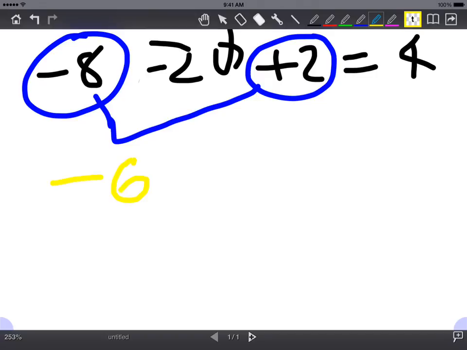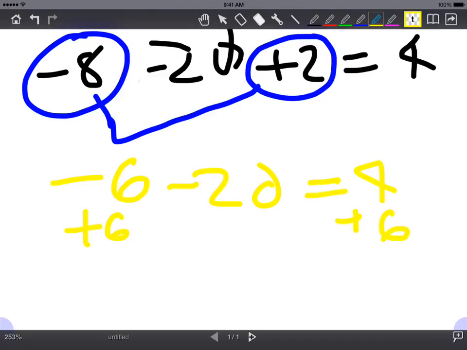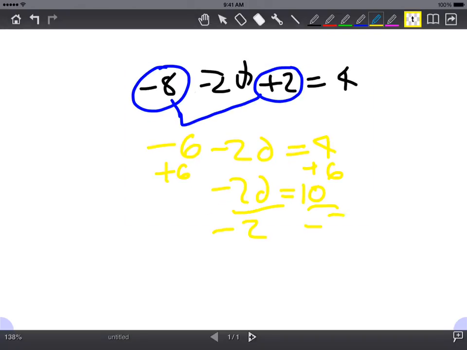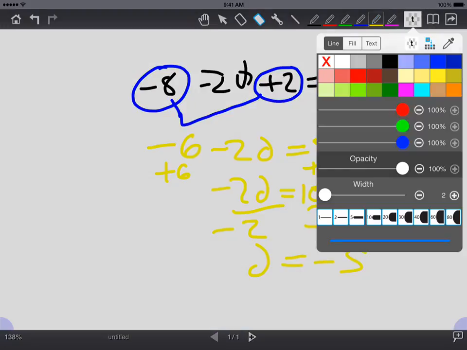Constants just mean that they don't change. They're fixed values. And then we get negative 6 minus 2d equals 4. Add 6 to isolate the variable. We get negative 2d equals 10. Divide by negative 2. We get d equals negative 5. Okay, that was also pretty easy, right?